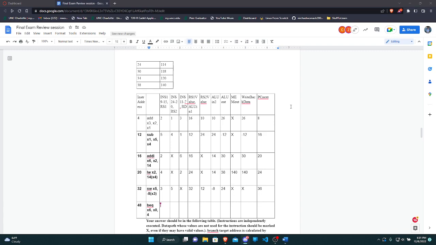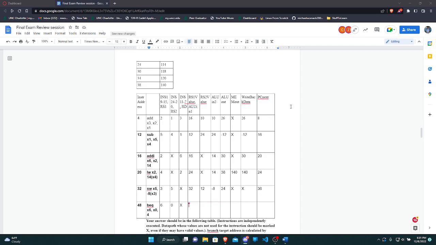Your RS1 value, as we said throughout many of these rows, is going to be x6 because of the register number. The RS2 value is going to be 0. We do not have an RD because branch statements only require RS1 and RS2.